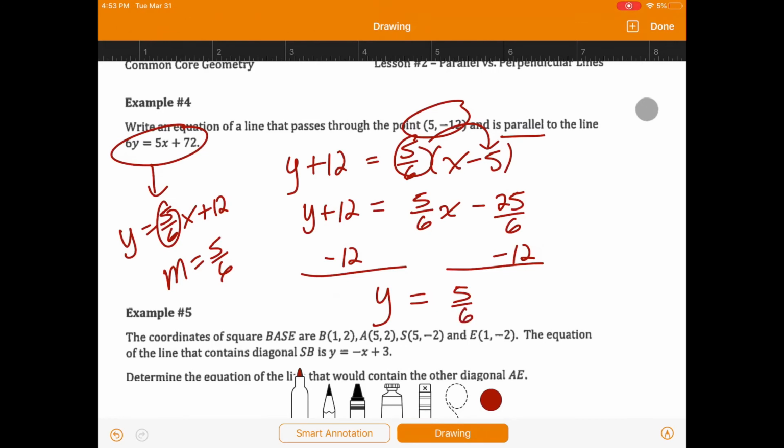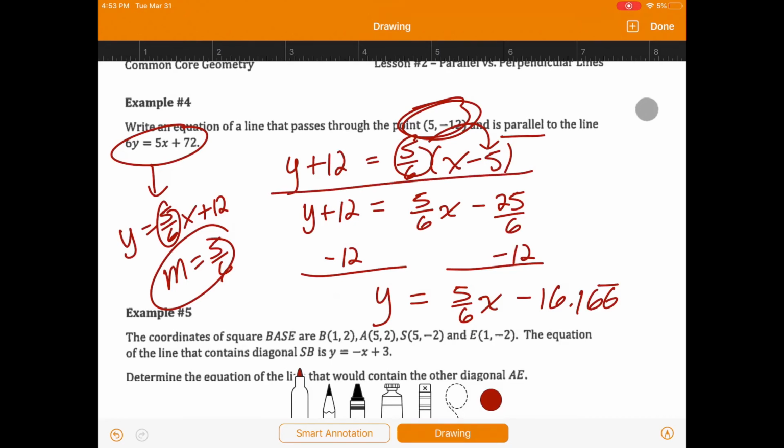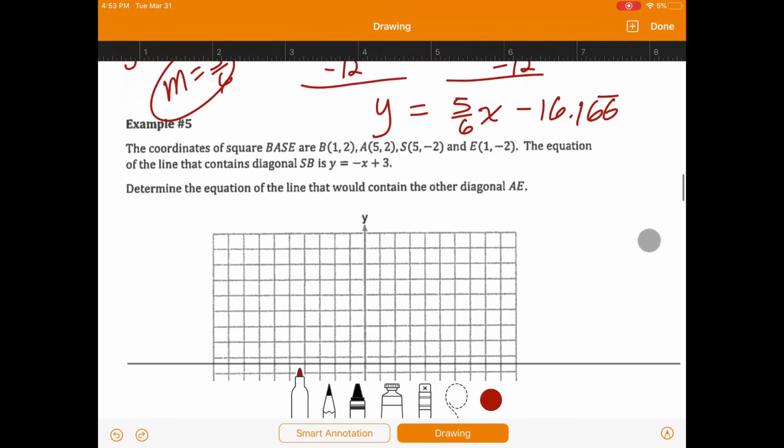But we're going to keep the slope as a fraction. So when you subtract the 12, you're going to get negative 16.16, and then the 6's repeat. So that's going to be our answer for this one. Okay, it's the same process. You're going to figure out what the slope is, you're going to find what the x1 and y1 is going to be, and you're going to plug into the formula.